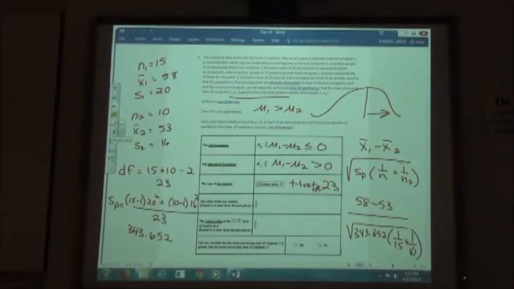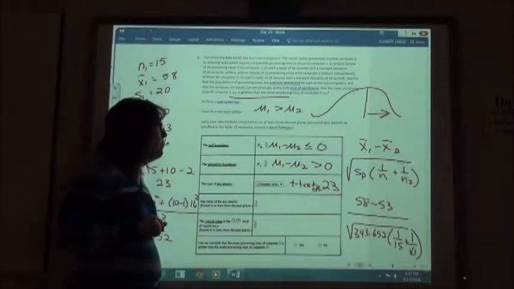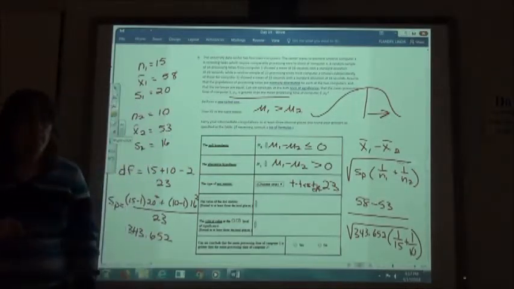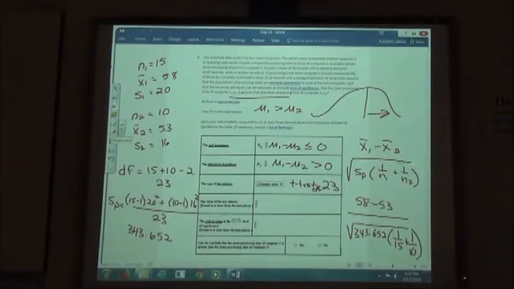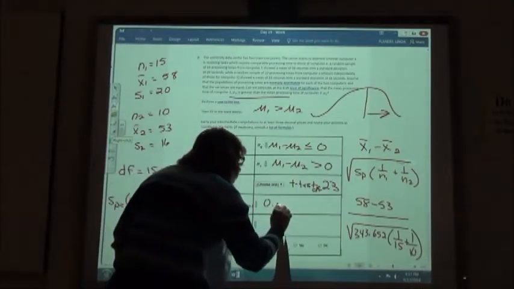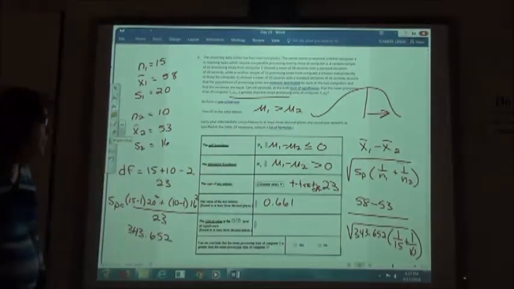So 1/15 plus 1/10. And again, we're rounding to 3 decimal places. 0.661 is what you should be coming up with.